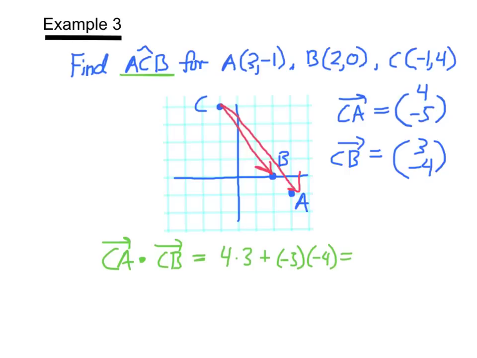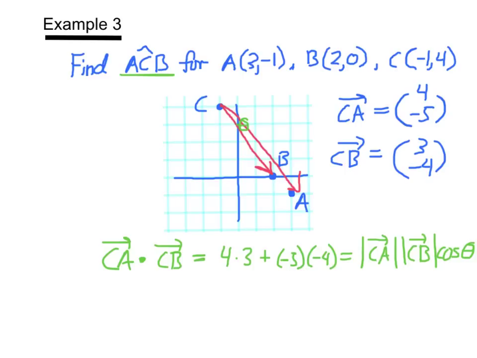And that's going to equal the magnitude of vector CA times the magnitude of vector CB times the cosine of the angle between them. Remember, the angle is this really small angle right here.